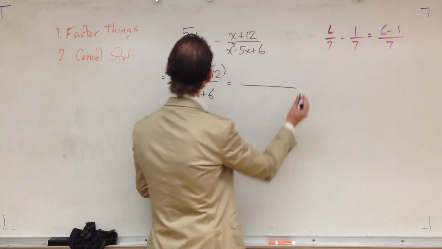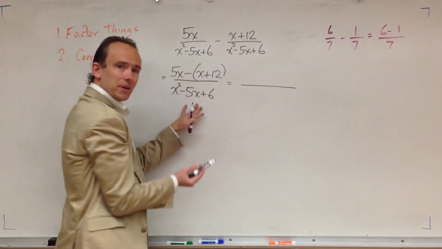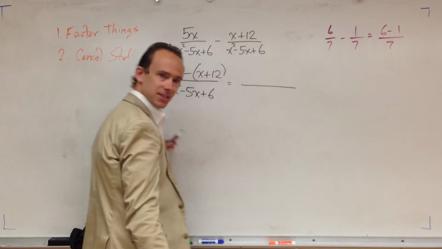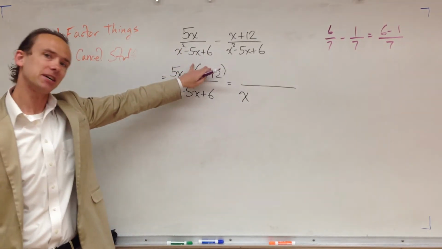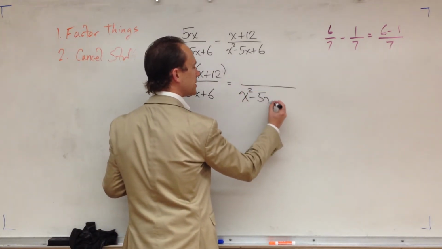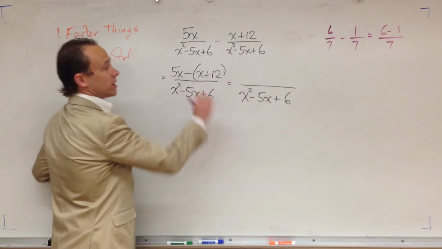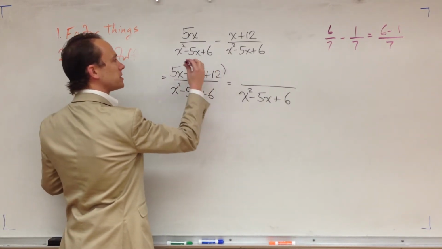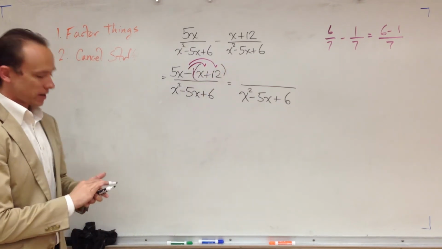Now, we still need to simplify the numerator. The denominator doesn't change, so rewrite it, because right now we're still trying to combine like terms up here. So while we're working on the numerator, let's not worry about the denominator. Let's just keep it the way it is. In order to simplify this, you've got to get rid of these parentheses by really recognizing that there is in fact a negative 1.